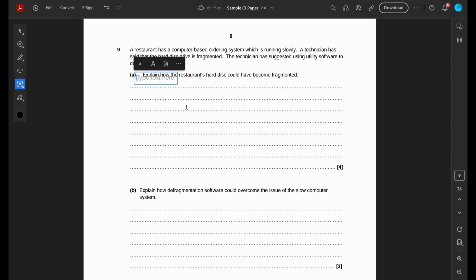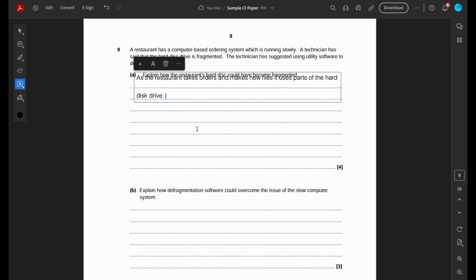So as the restaurant takes orders and makes new files, it uses up part of the hard disk drive. Now you should put, not actually HDD, hard disk drive. I'm going to purposely try and get it to use spaces so it's on the lines.